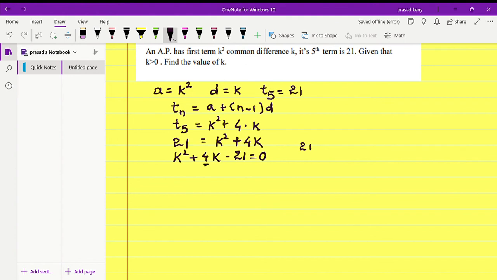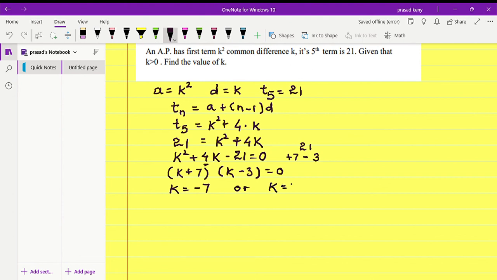So what are such two factors? Yes, 7 and 3. I want plus 4, that is plus 7 minus 3. And hence the two factors of this quadratic are k plus 7 and k minus 3 equal to 0. Now equating each factor to 0, I get either k is negative 7 or k is 3.